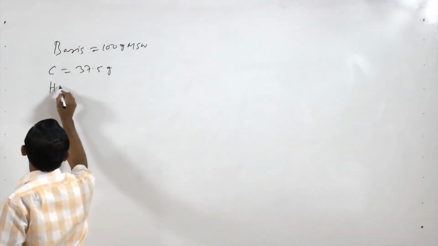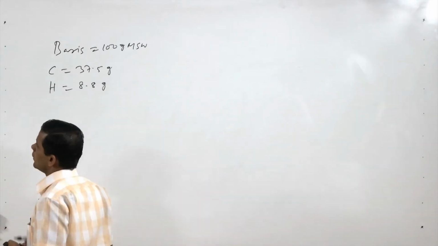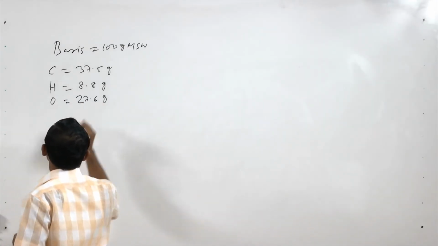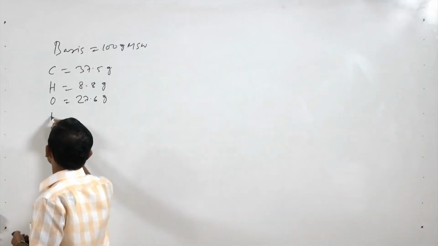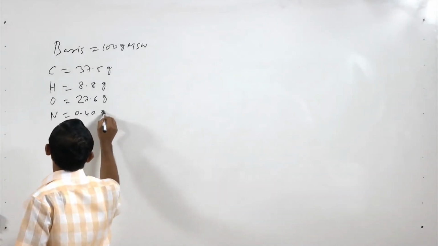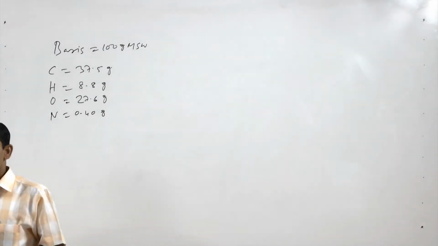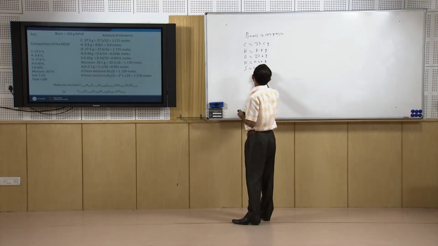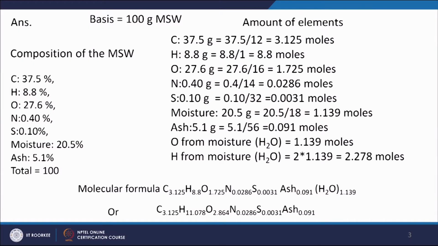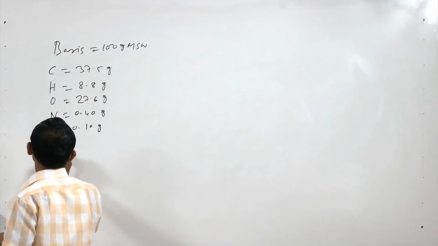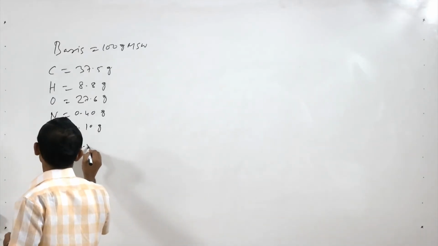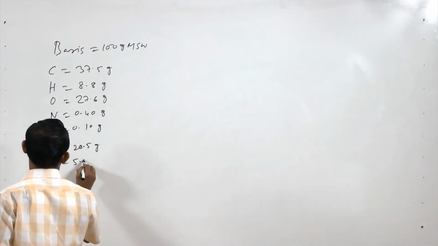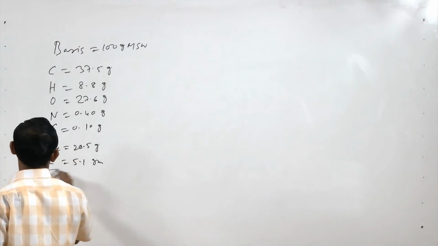Hydrogen present is equal to 8.8 gram, then oxygen present is equal to 27.6 gram, and N is equal to 0.40 gram, S is equal to 0.10 gram and moisture is equal to 20.5 gram and S is equal to 5.1 gram. So, in total we are getting 100 gram.